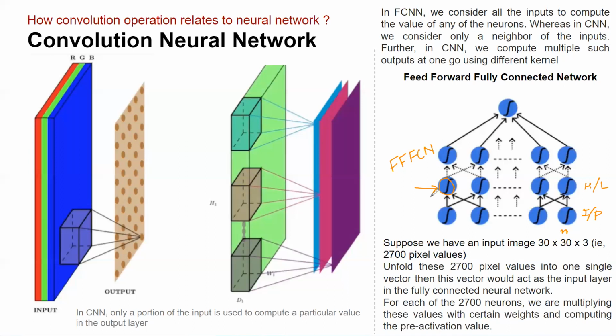So let us take an example. I have an image, and that image is 30 cross 30 cross 3. So this is an RGB image, and the dimension is 30 cross 30.